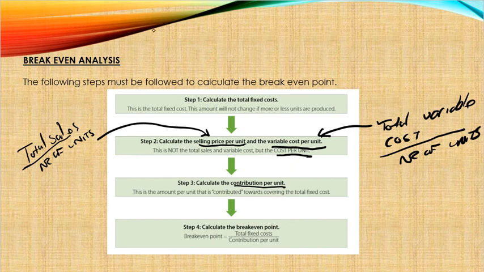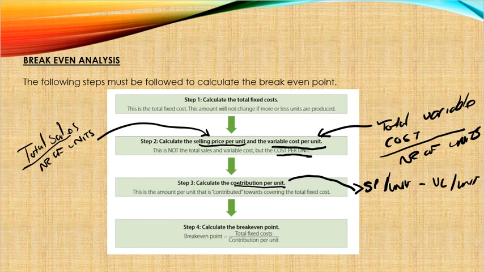Right. The contribution will take selling price per unit. We will subtract the variable cost per unit, and that will give us contribution.